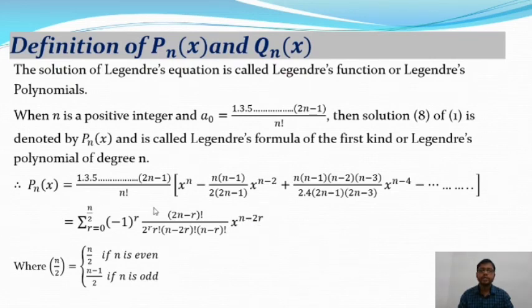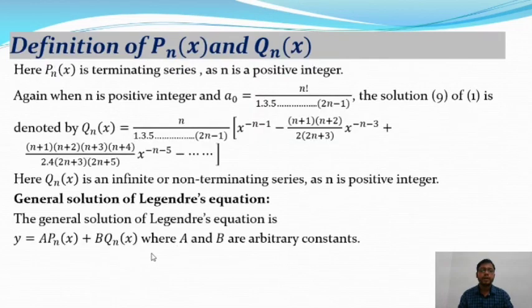This is called the Legendre function of the first kind or Legendre polynomial of degree n, where n by 2 is n by 2 if n is an even number, or n minus 1 by 2 if n is an odd number. Here Pn of x is a terminating series where n is a positive integer.